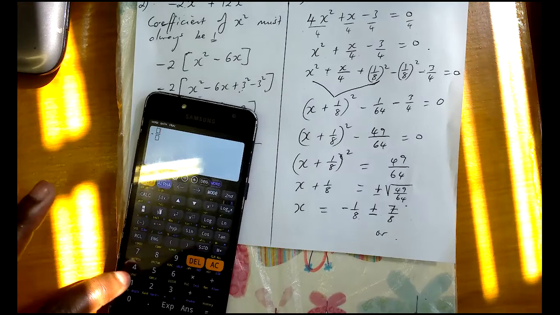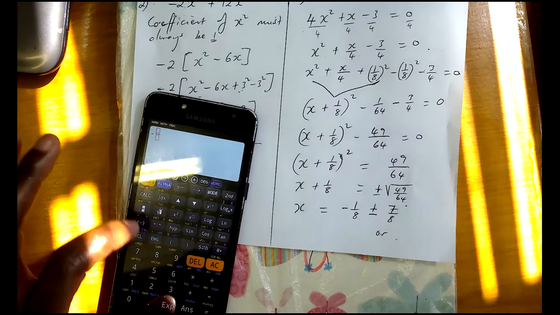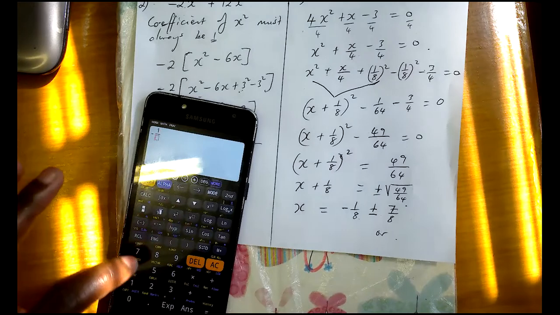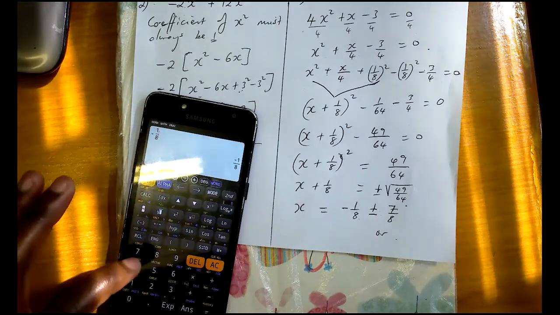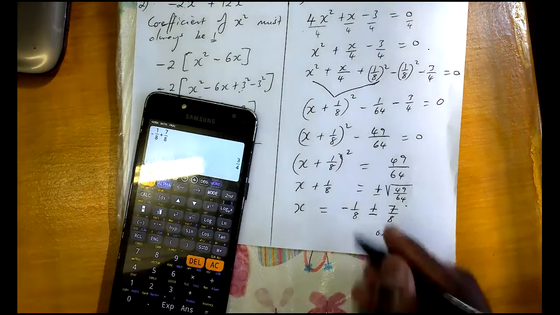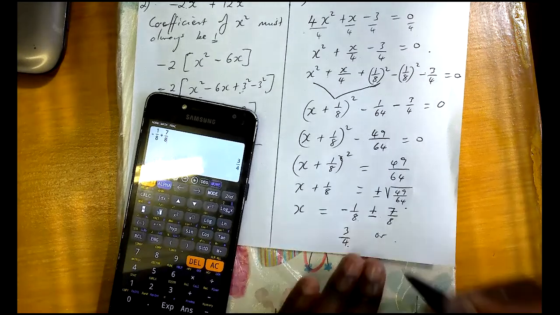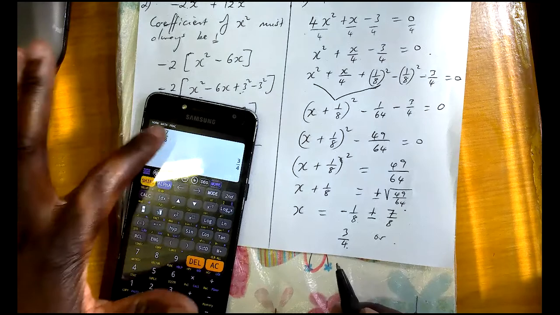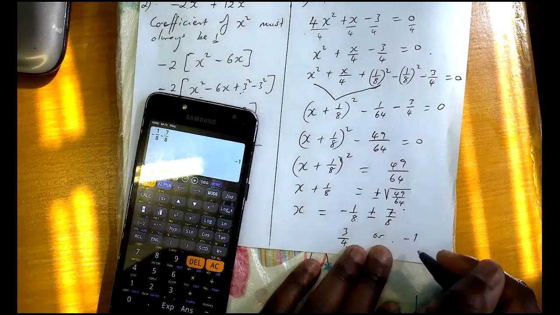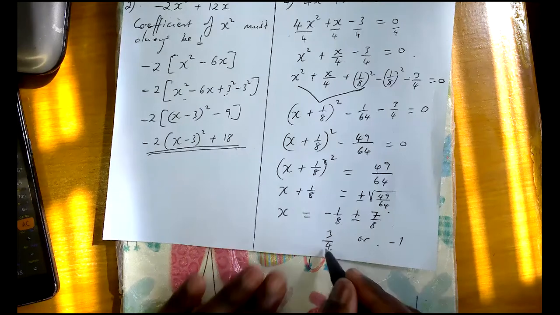Negative 1 over 8 plus 7 over 8, what do we get? We get 3 over 4. Then for the minus, we get negative 1. So these are your two solutions that you have there.